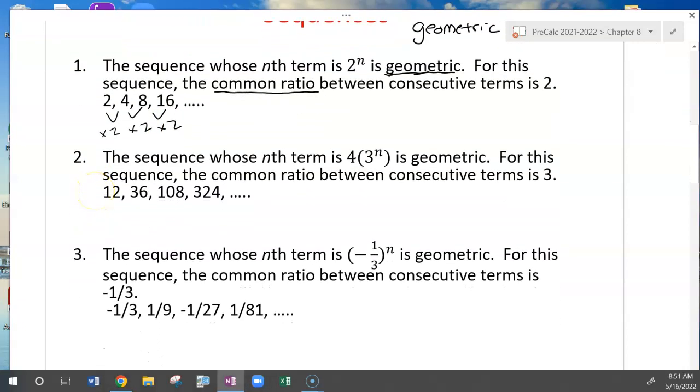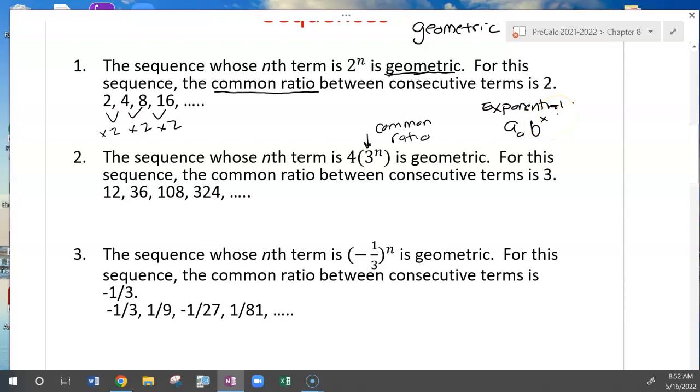Now take a look here. We've got 12, 36, 108, 324. And this one, the nth term is 4 times 3 to the n. So right there is your common ratio. This also works very similar to an exponential function. If you remember with exponentials, you would have a to the 0 times b to the x.